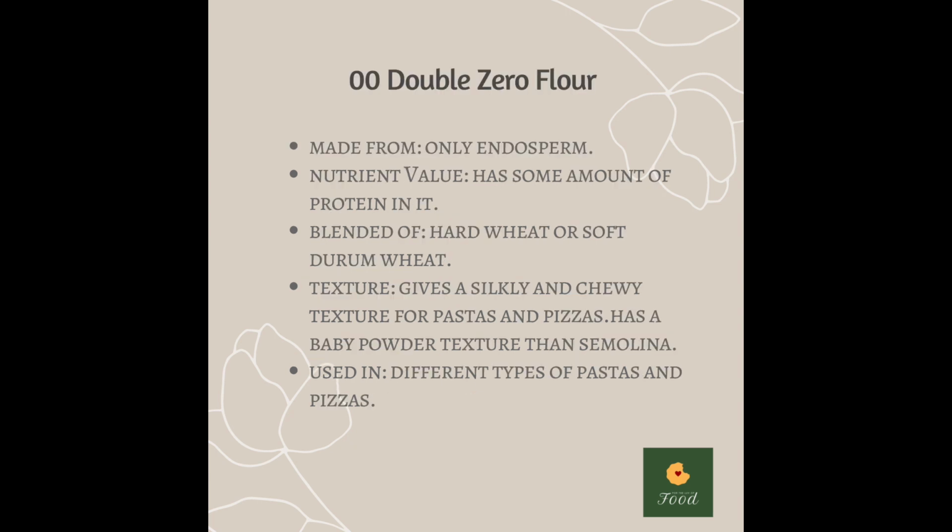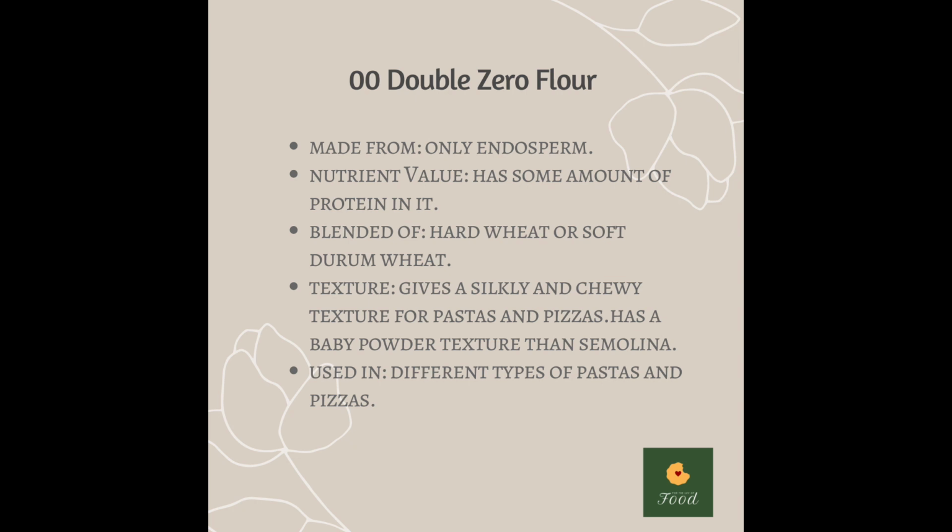Moving ahead, the next type is double zero flour. It is also called doppio zero flour, and this flour is usually the finest part of the durum wheat, which is used in the semolina flour.